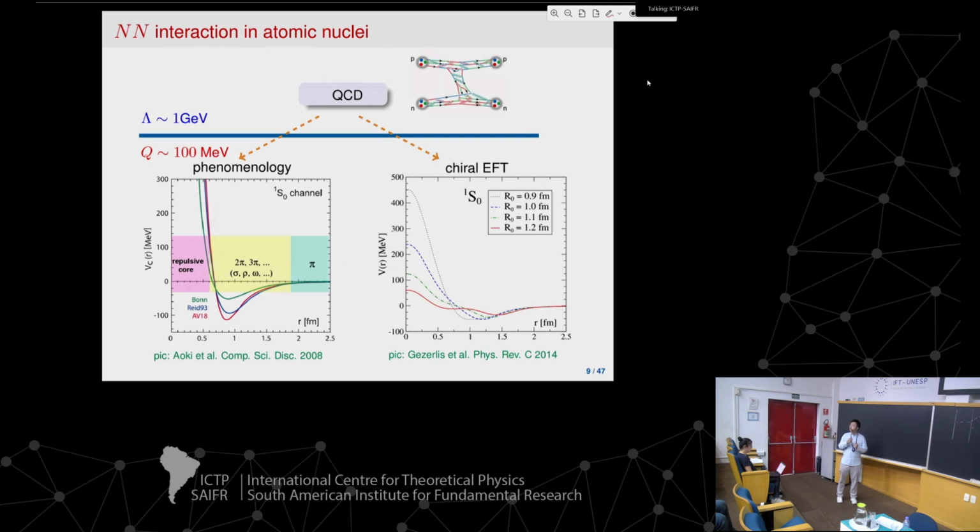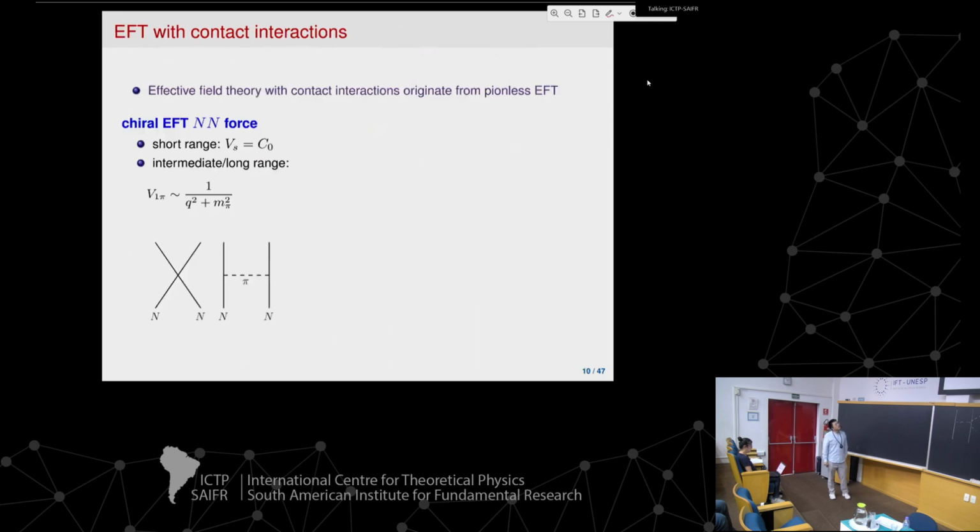It can be understood as universal physics that's insensitive to short range parts of your interactions. And so now let's move from the chiral forces to a different field theory with only contact interactions.